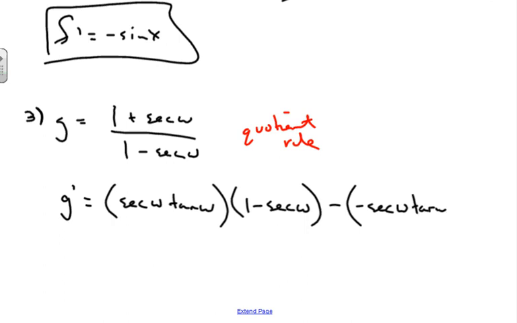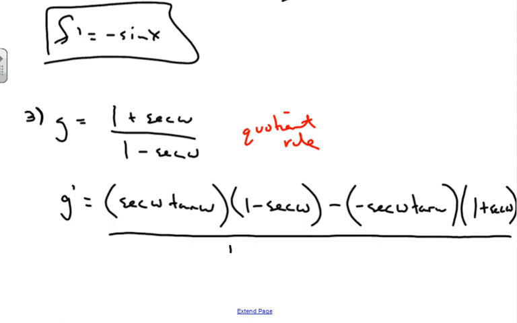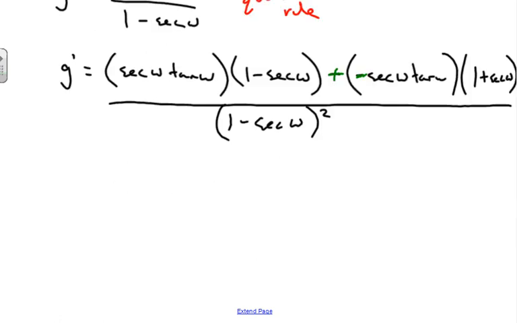So I can make that plus secant w, and then multiply by the top, which is 1 plus secant of w, all over the bottom of w, the quantity squared. All right, I'm going to simplify it, but just for time's sake, we'll just leave it like it is. We could probably eliminate that and we can get our answer. Now, we'll continue on. Let's try some more.